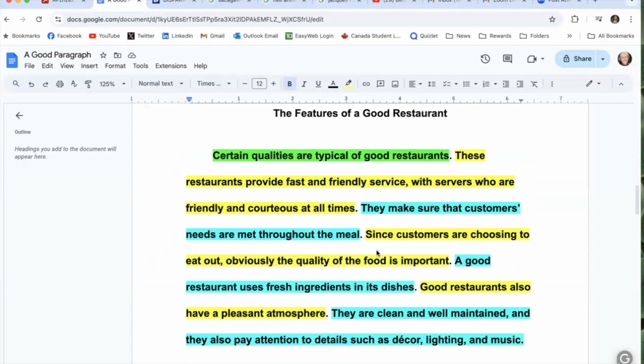Good. What is the second main point? Edward, can you read that sentence? Since customers are choosing to eat out, obviously the quality of the food is important. Good. And the third main point, Sophie, what is that?